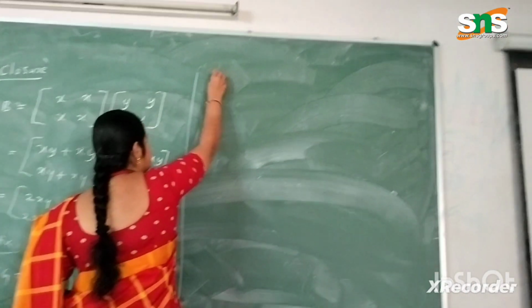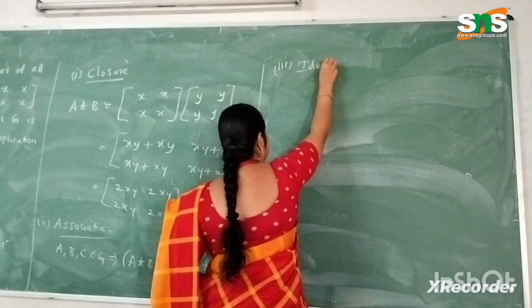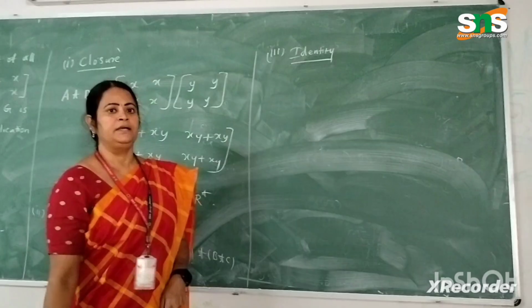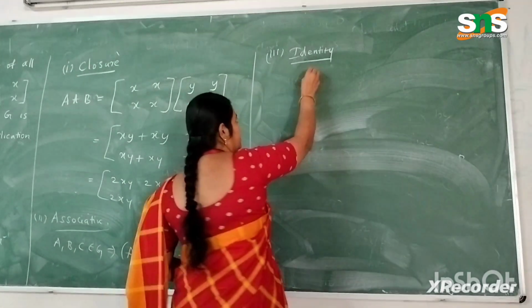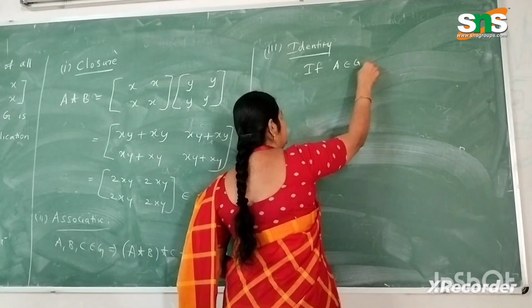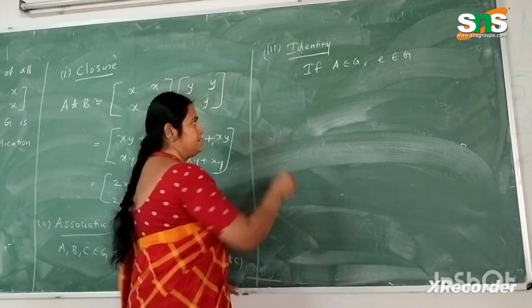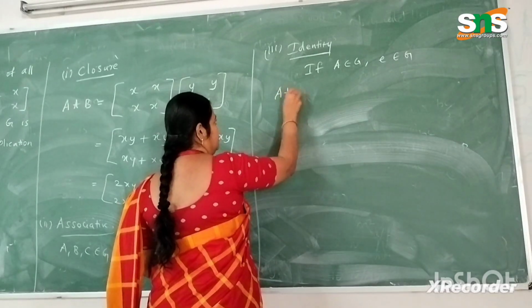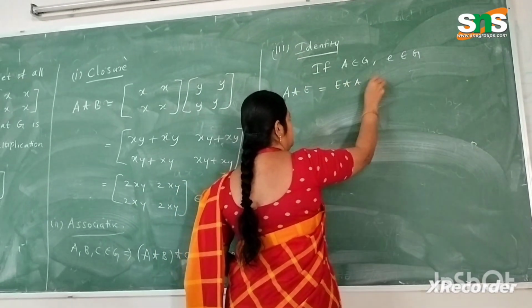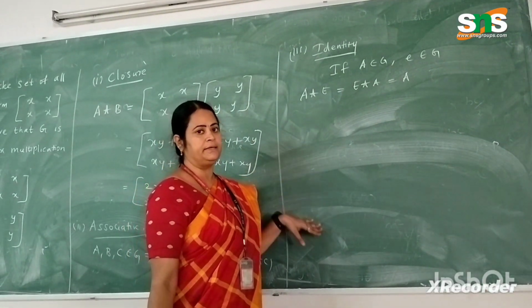Let me prove the third condition. The third one is identity. Identity is nothing but: if A belongs to G, and similarly E also belongs to G, then the condition is A star E equals E star A equals A. From this condition we are going to find our identity element.